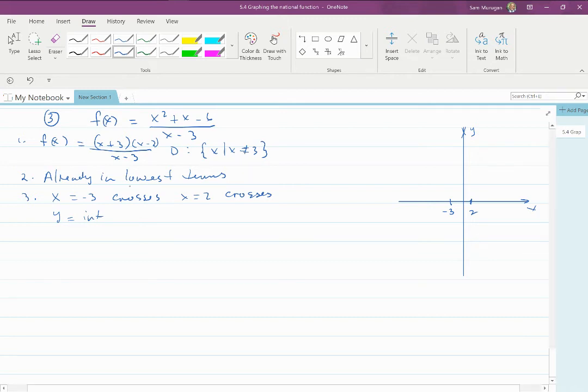So substituting 0 in here, we have y is equal to 0 plus 0 minus 6 over 0 minus 3, which is equal to 2. So the graph has a y-intercept at 2. So we can also put that in right there too.